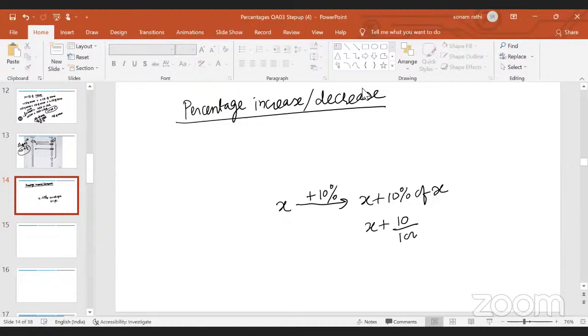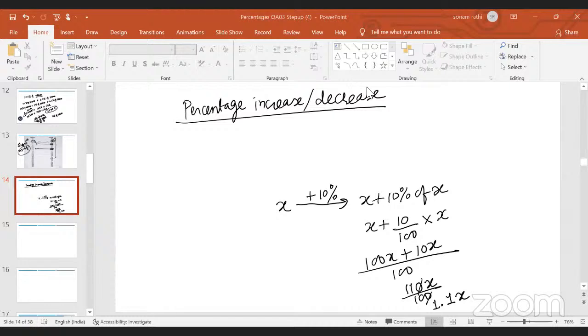For "of", you will write multiply, and you write X. So LCM will be 100. So it is 100x plus 10x equals 110x by 100. Cancel it. I can write 1.1x. Correct?